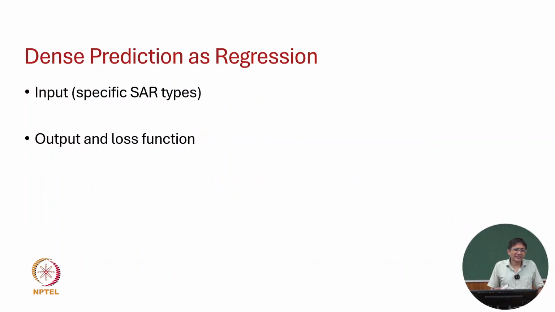Dense prediction as regression. One is semantic segmentation itself, where for each pixel we are trying to get a label. But the other variation is that, instead of a particular label, we are trying to get a regression, as I mentioned with biomass estimation as an example. Here, one aspect to consider, which is very important, is the input itself.